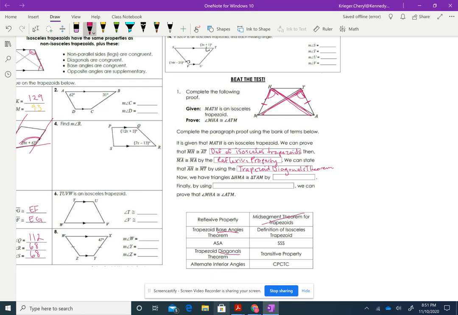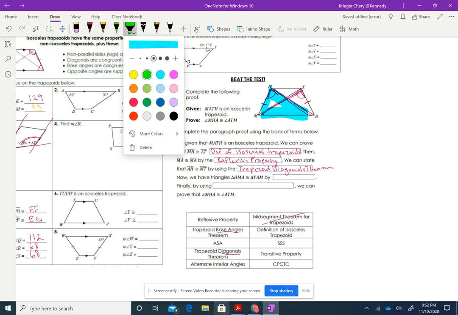Okay, now we have triangles HMA congruent to triangles TAM. All right, let's highlight HMA. Okay, TAM, sorry.